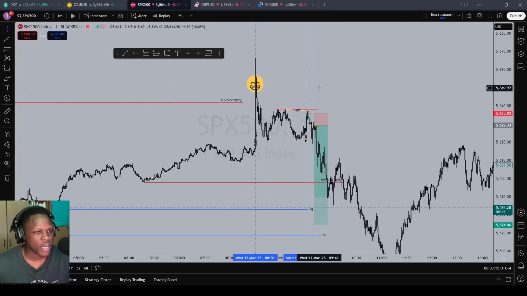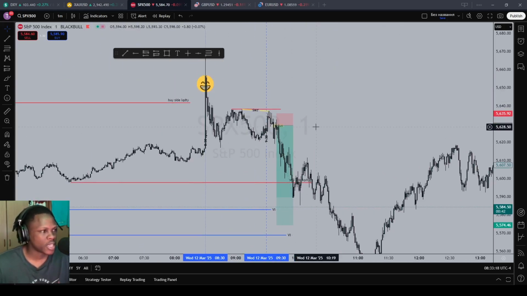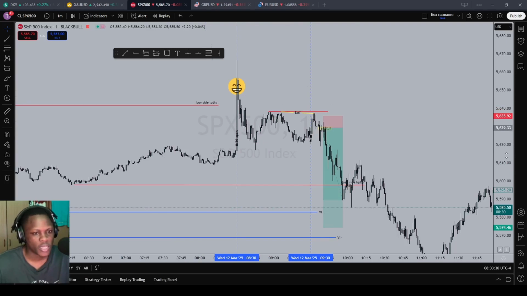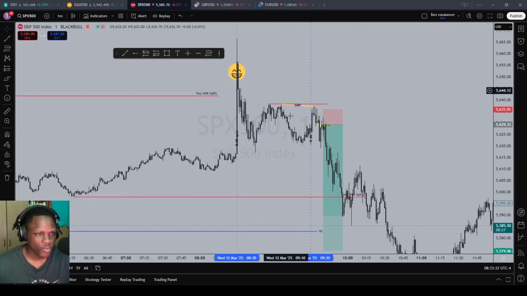It's unfortunate I didn't trade the SP 500. I placed my actual trade on the US 100, the Nasdaq, for some traders. So this is what I was seeing on the US 500. On the US 500, I expected maybe price to go above these.